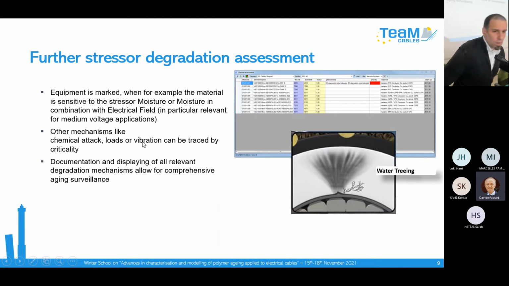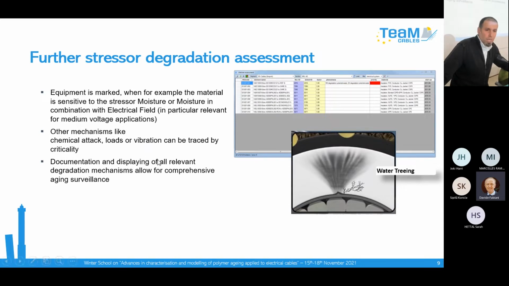So we also have a possibility to treat other aging mechanisms, not only the thermal and radiological ones, also water treeing in case of moisture and electrical fields simultaneously, for example.